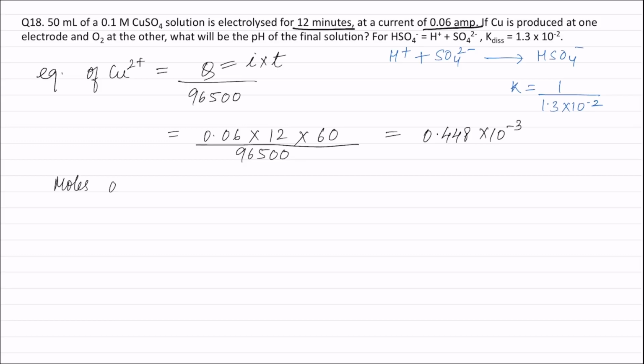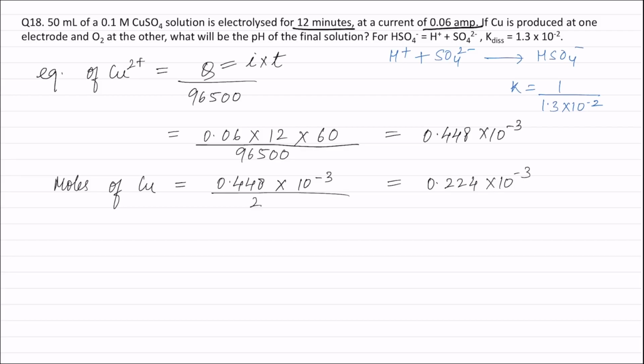Now moles of copper will be equal to equivalents of copper, that is 0.448 × 10⁻³, divided by the valency factor, that is 2. 2 is the valency factor of copper. Now this is equal to 0.224 × 10⁻³ moles.